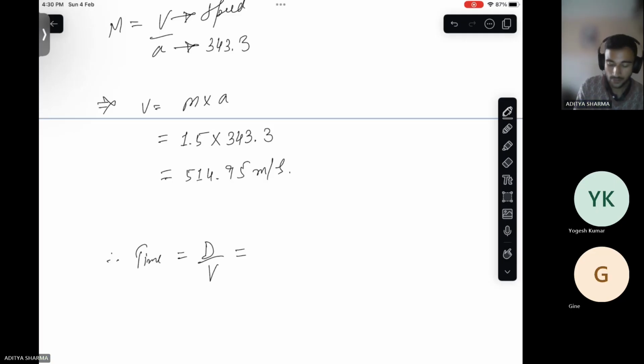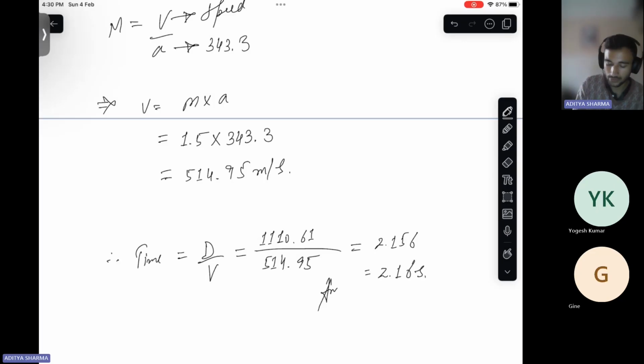That is 1110.61 divided by 514.95, and this comes out to be 2.156, we can say 2.16 seconds. So we have the time answer.